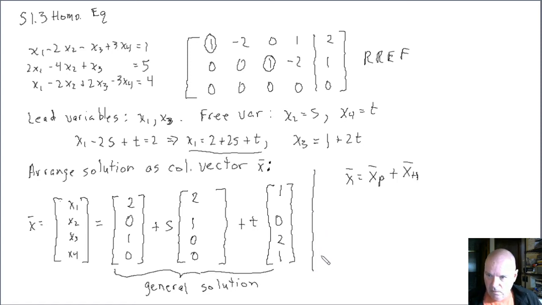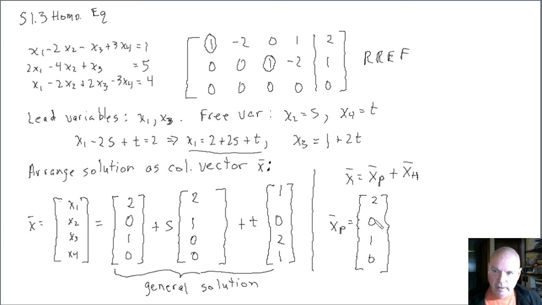So one particular solution, and probably the most obvious one, is just to let s and t be 0. Again, this is one solution for x1, x2, x3, and x4, which when substituted into the original system of equations satisfies the system.